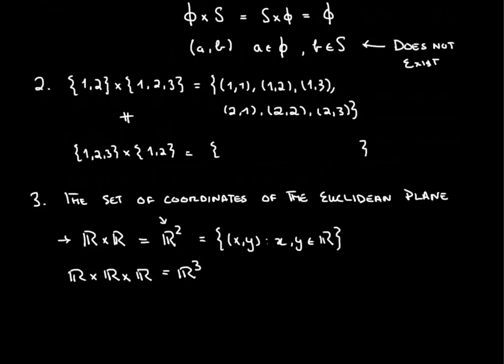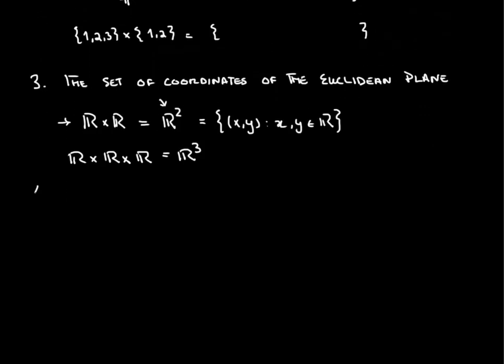Now, I say the set of coordinates of the Euclidean plane and not the Euclidean plane itself, because when we're talking about the Euclidean plane, you need a metric, you need a notion of distance, which we're not defining yet. It's a subtle distinction, but a very important one. What else can we talk about? Now, having defined Cartesian products, it's very easy to define a circle.